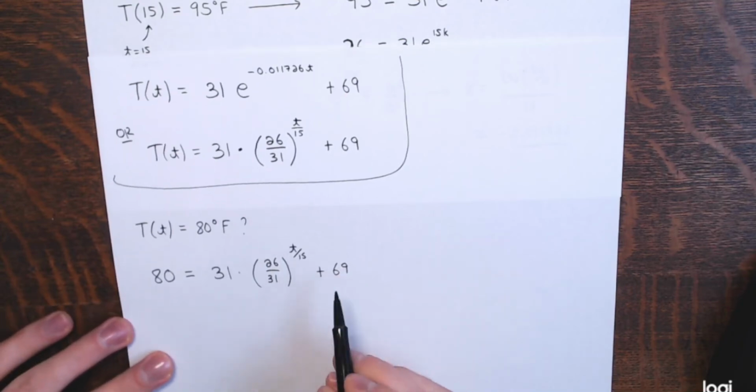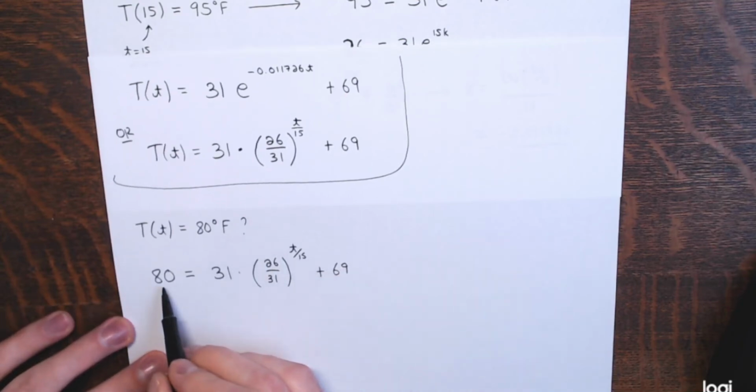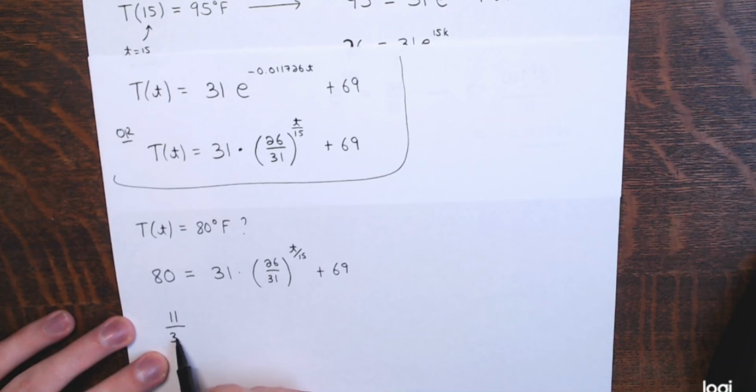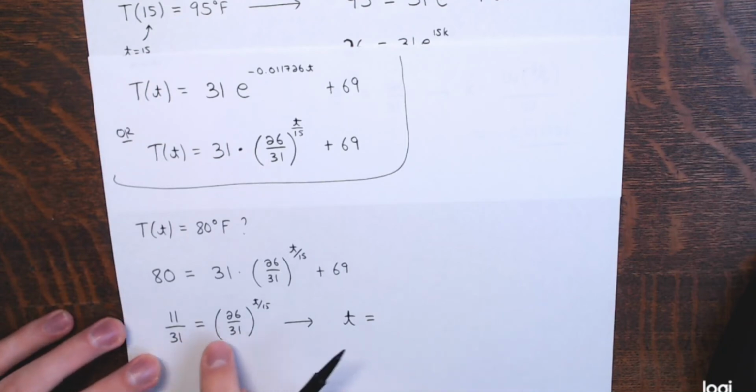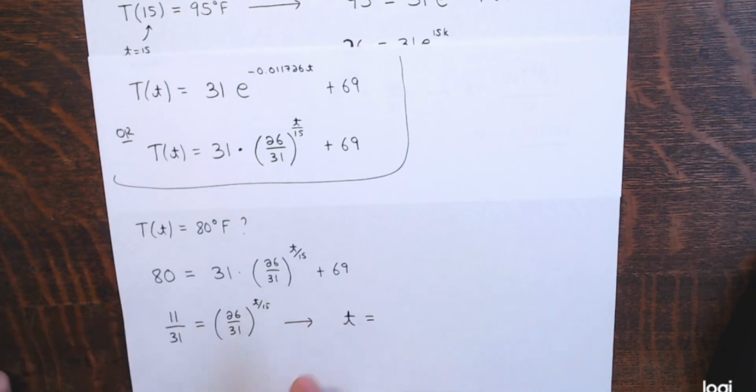And then I subtract 69. That'll give me 11 over here, divide by 31. You have 11/31 equals 26/31 to the t over 15. And then I've done one of these already, take natural logs, then multiply by 15, right?